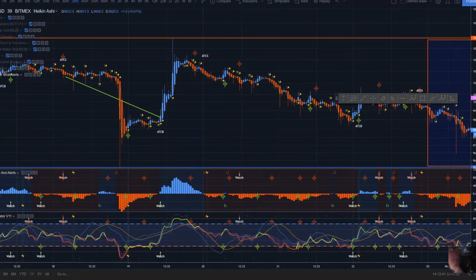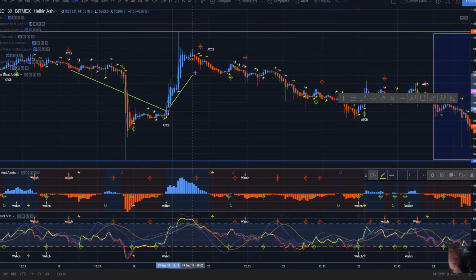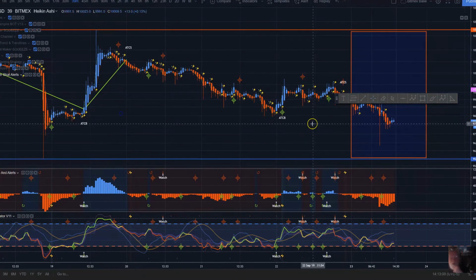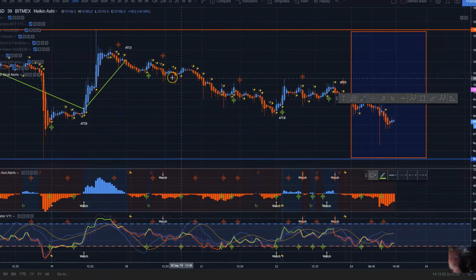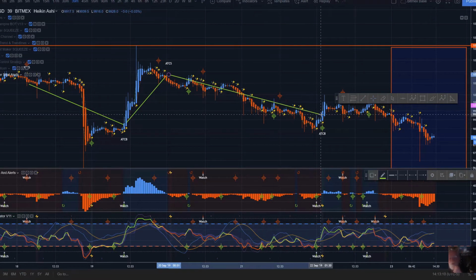Now, the other side of the flip is it would have bought in here, and you would have ridden it up to here. Then the next flip would have been from here to somewhere in here.